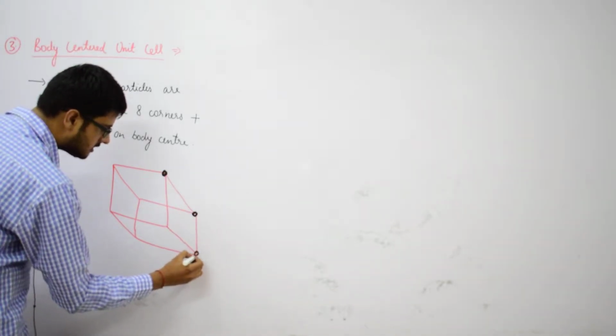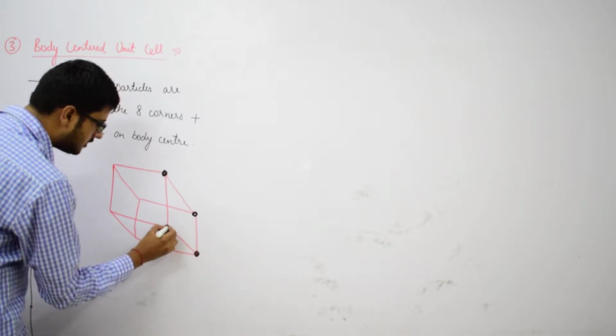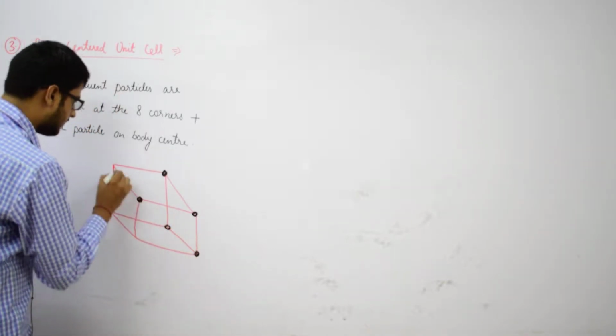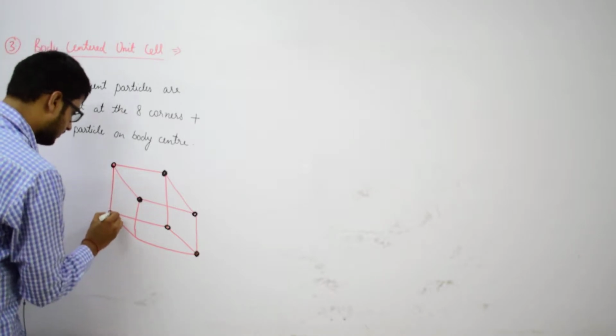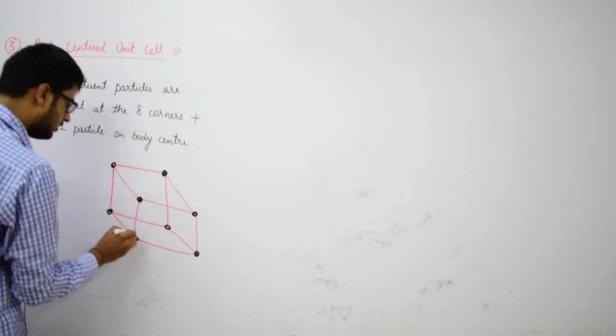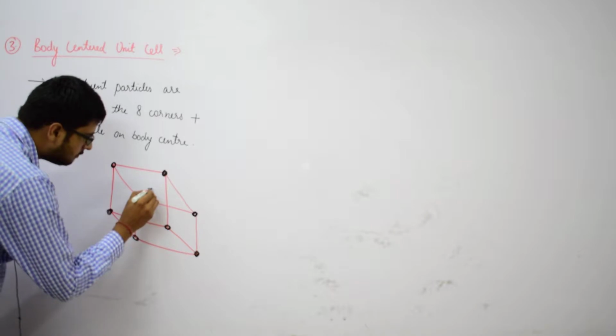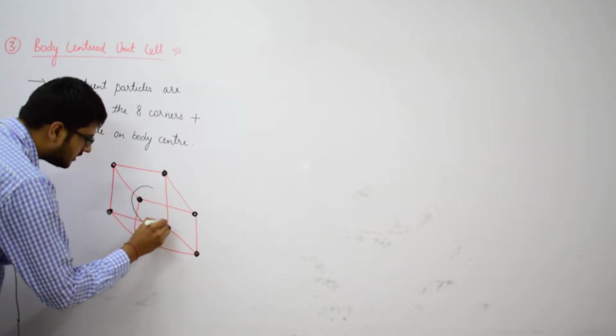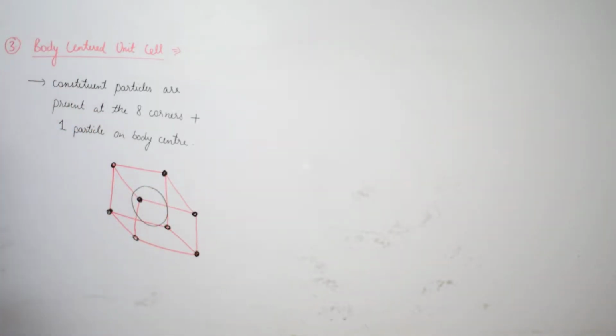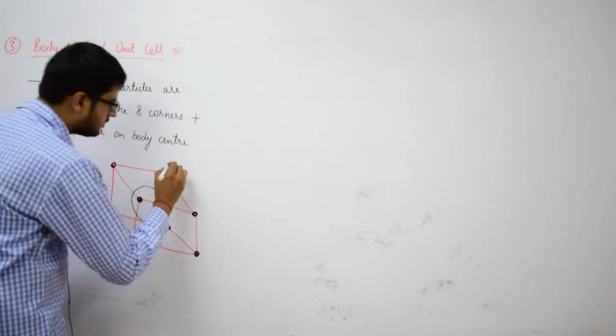So, these are the particles which are present on 8 corners of the unit cell, and also 1 particle would be present at the body center, which would lie somewhere in the middle of the body of the entire unit cell.